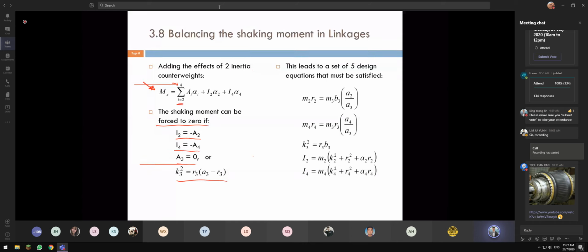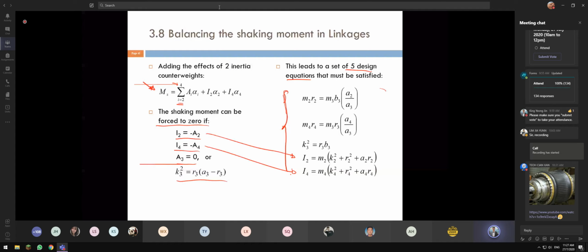With all these conditions that we described just now, this will lead to a set of 5 design equations that must be satisfied. This is all the 5. This one will become here, this one will become here, and we have the previous ones, M2 R2 and M4 R4.